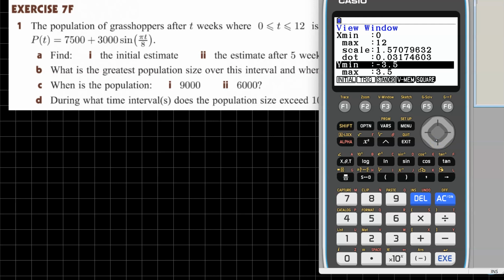Right, my minimum. Because the A value, the amplitude is 3,000, doesn't that mean it can be minus 3,000? But that 7,500, that's lifting the whole graph up. So I'm going to say plus 7,500 there. Does that make sense? And then your maximum will be 3,000 plus 7,500.